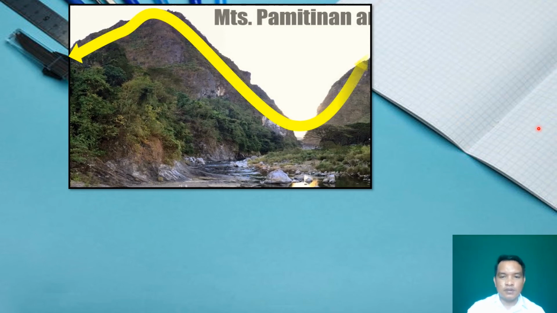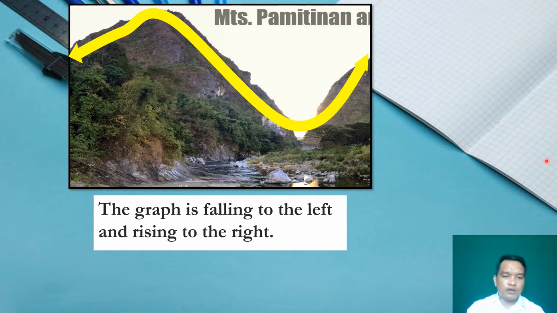Ayan. So, ngayon, obserbahan natin yung graph ng polynomial function na nakikita natin sa larawan. Ano ang behavior? Falling to the left and sa right naman ay rising. So, therefore, the graph is falling to the left and rising to the right.